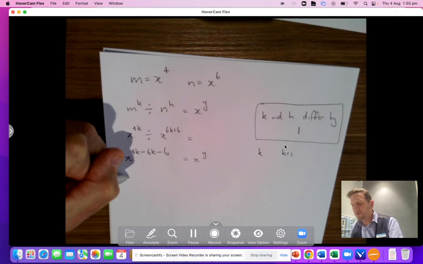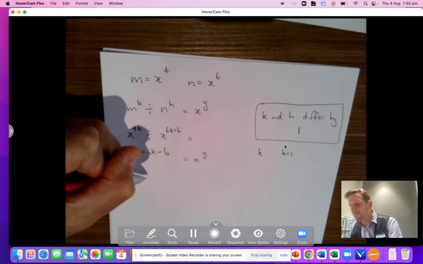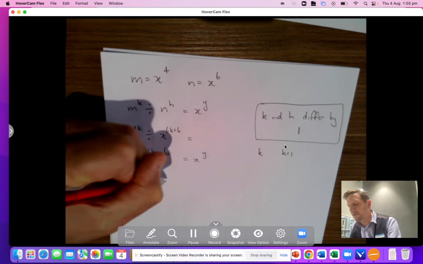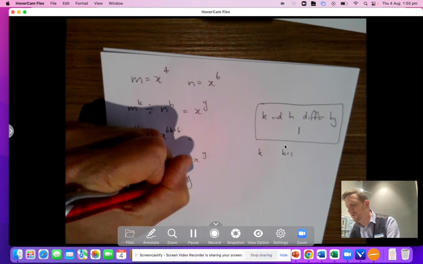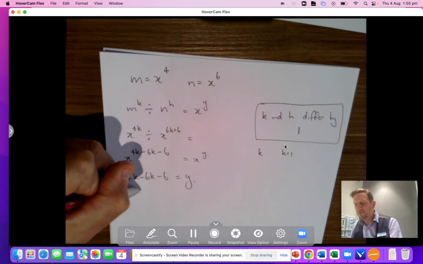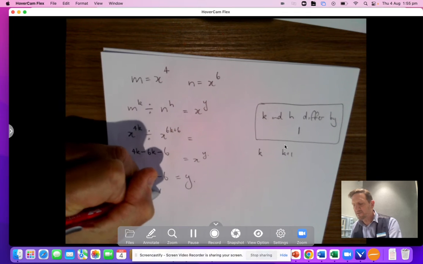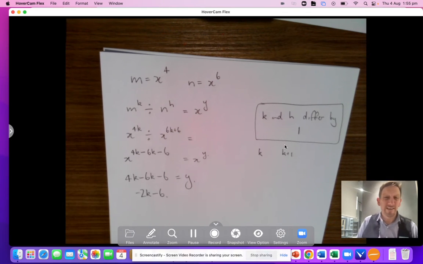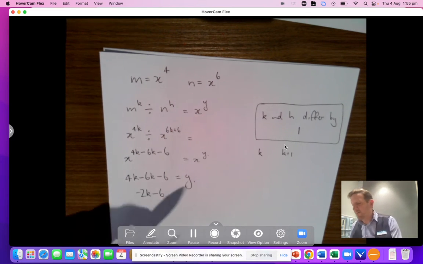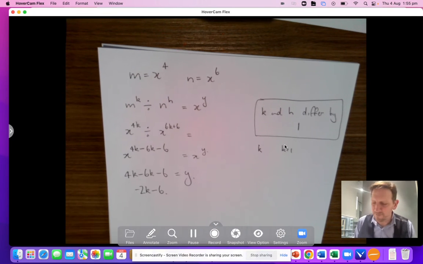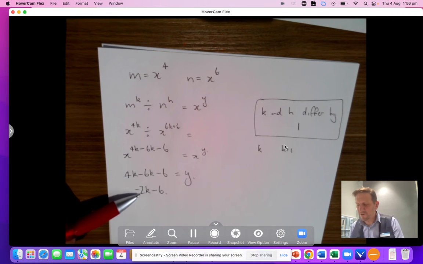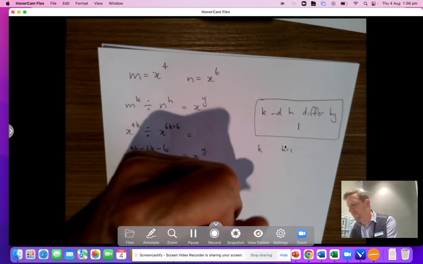So what does y equal? 4k minus 6k minus 6 equals y. So what's that? Minus 2k minus 6. So there's a whole heap of answers. They're all going to be negative, though. k was positive, so when k is 1, what do you get? Minus 2 minus 6.